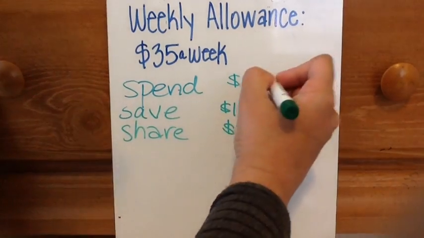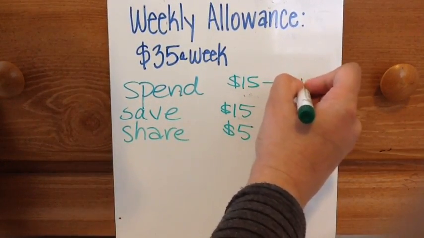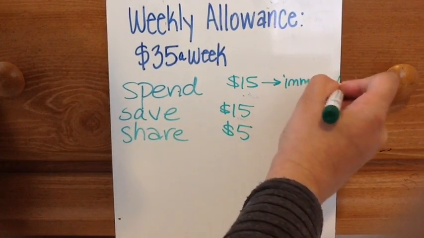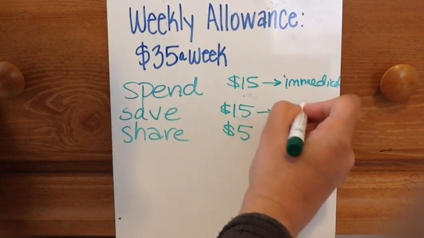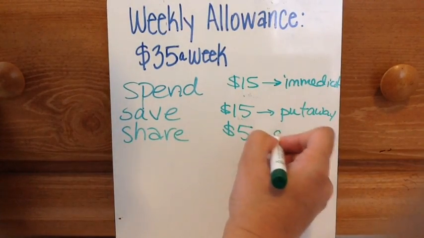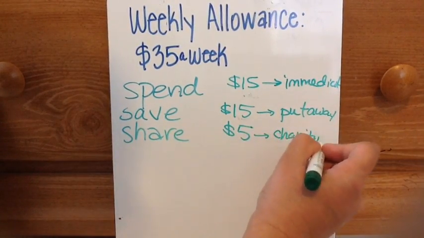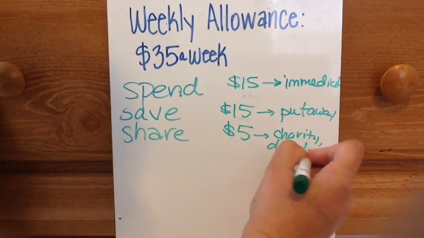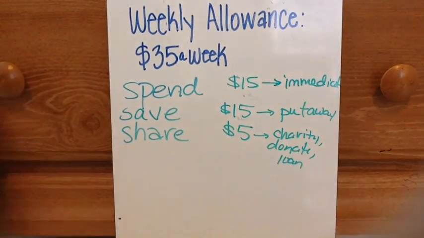So this you can spend immediately. Okay, this is what you put away. And this is something you can share maybe for charity, maybe you want to donate or loan money to a friend and they'll pay you back, or whatever the purpose is.